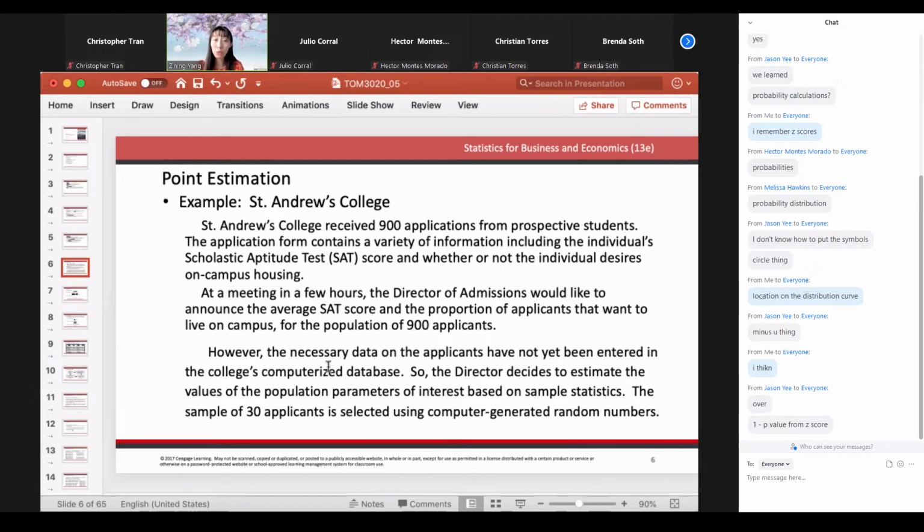However, the challenge we face is the necessary data, right, for 900 people have not yet been entered in the database. So the director has to make a decision based on her best guess, right? Based on her estimation. So now she selected a sample of 30 and use this sample to calculate some numbers.